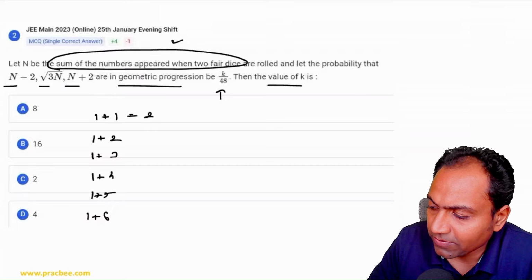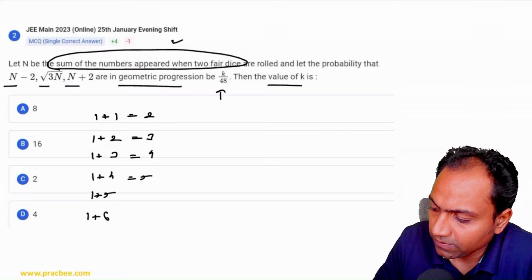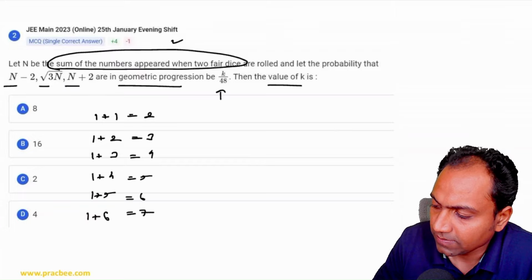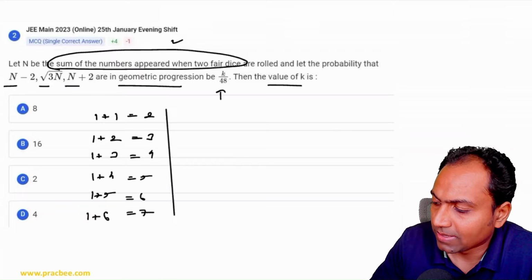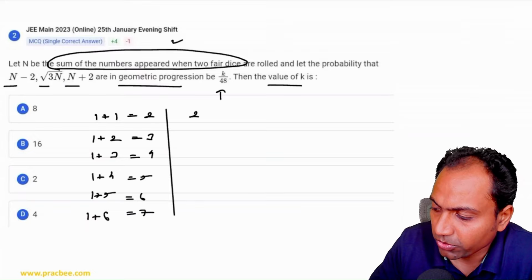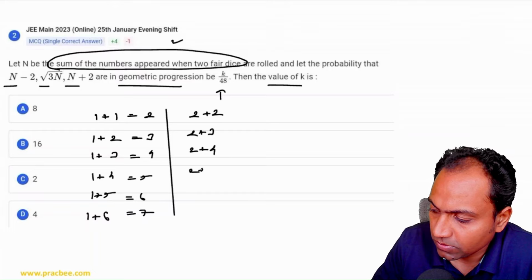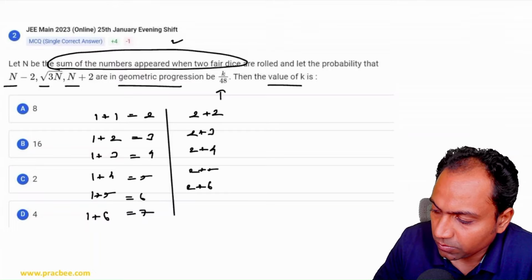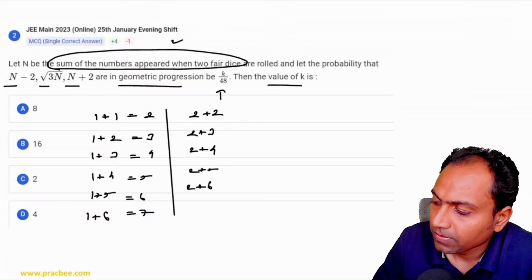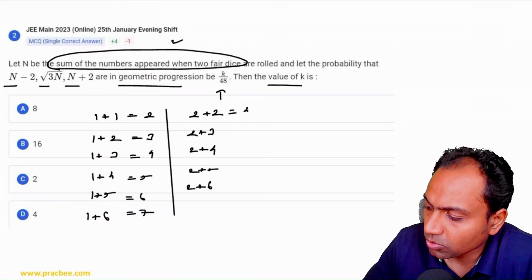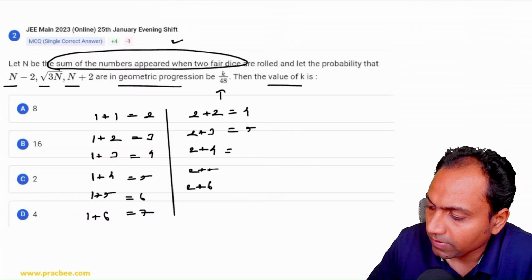So the numbers that we are getting are 2, 3, 4, 5, 6, 7. Now let us change, and this technique I also taught you in P&C. Let us start with 2: 2 plus 2, 2 plus 3, 2 plus 4, 2 plus 5, 2 plus 6. And now again the sums come out to be 4, 5, 6, 7, 8.